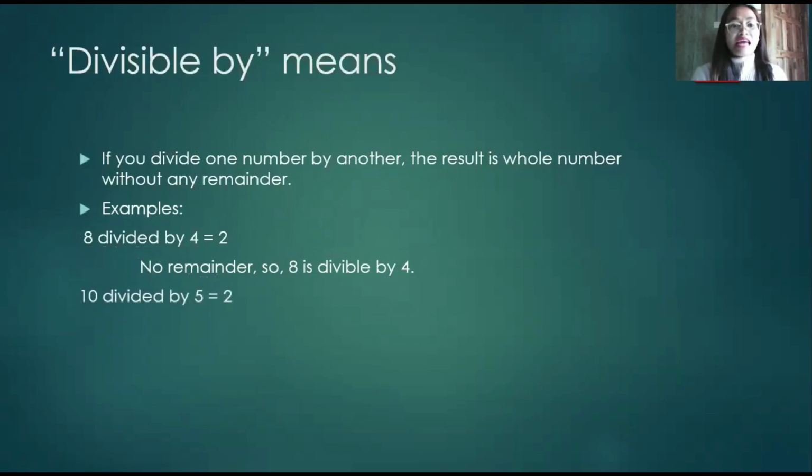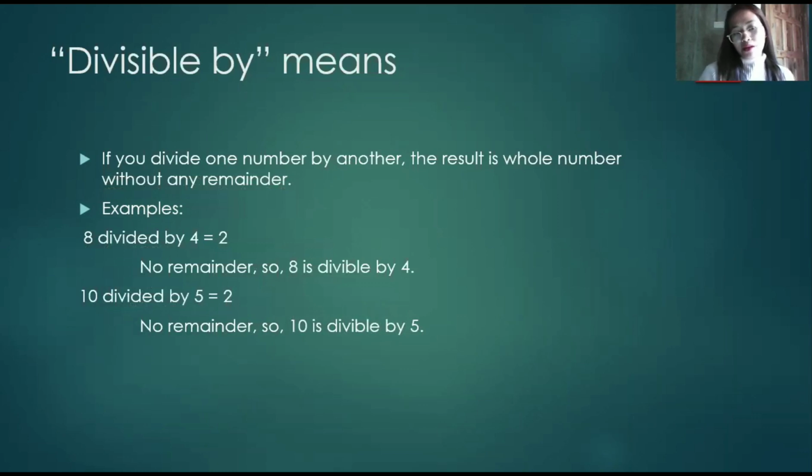Another, 10 divided by 5, the answer is 2. So 2 is a whole number. If the quotient is a whole number, meaning there is no decimal point, no excess, then it is divisible by that given number. So going back to our example, 10 divided by 5, the answer is 2, which has no remainder.